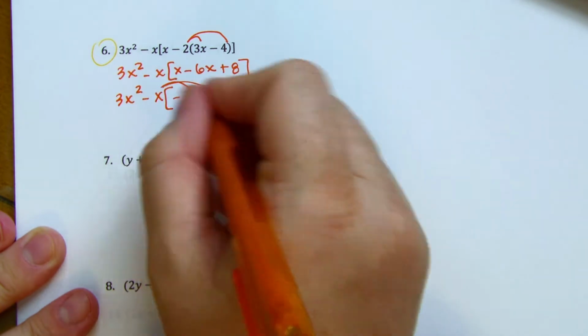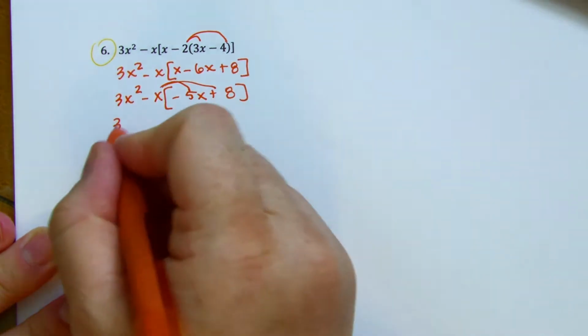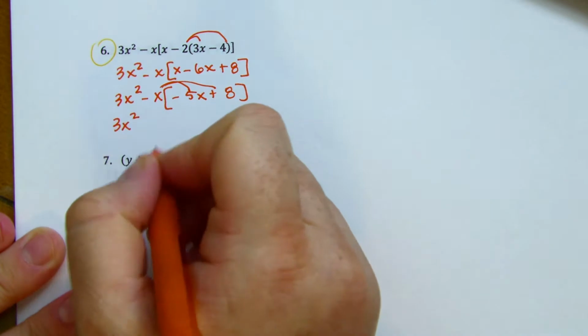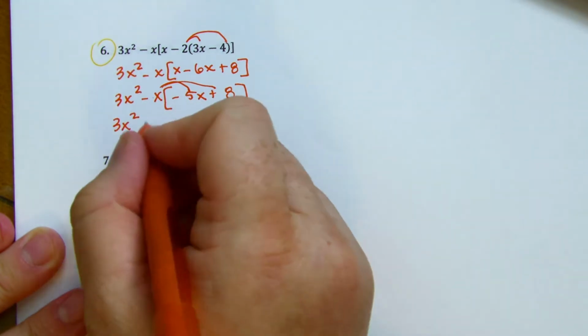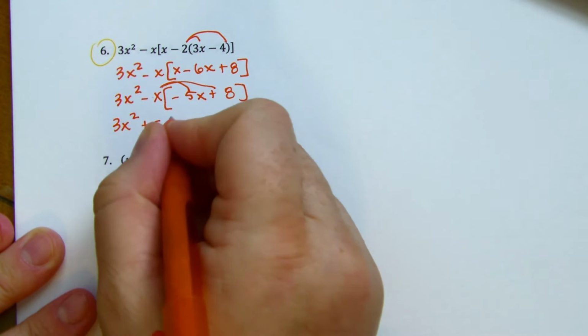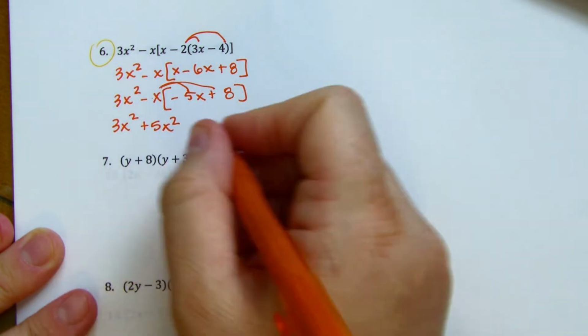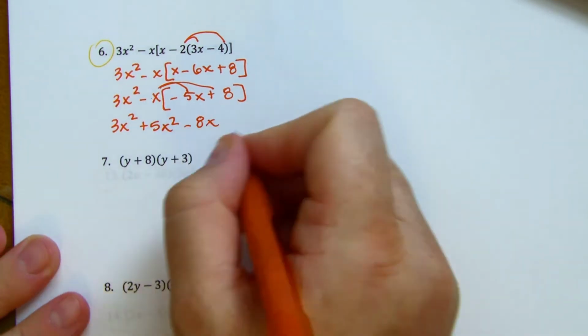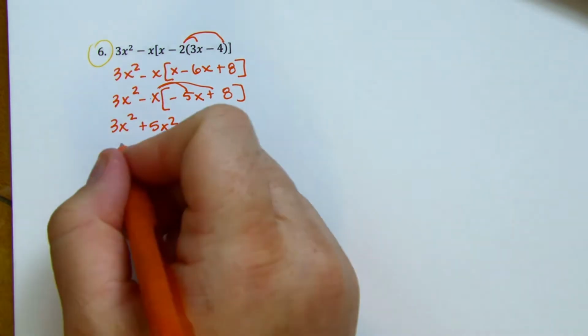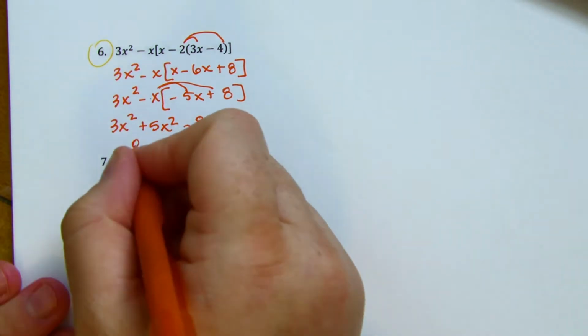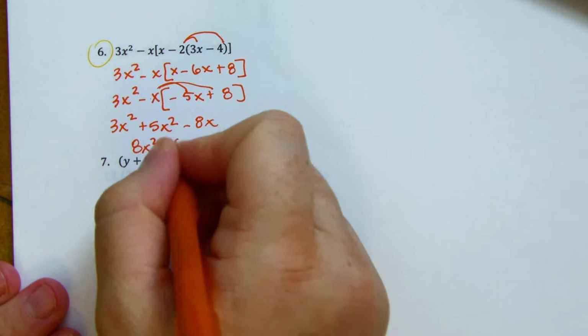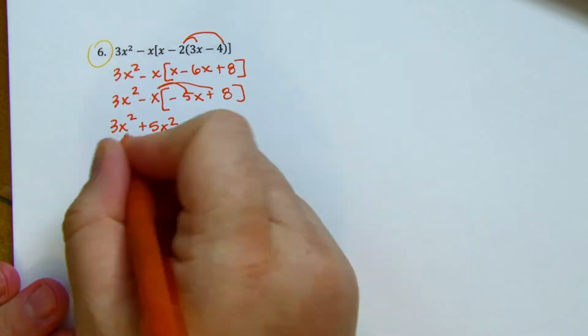And now I can distribute this x inside. 3x squared, again that just gets brought down. -x times -5x is positive 5x squared. -x times 8 is -8x. And now it's just combining like terms. 3x squared and 5x squared is 8x squared minus 8x. And that is our answer.